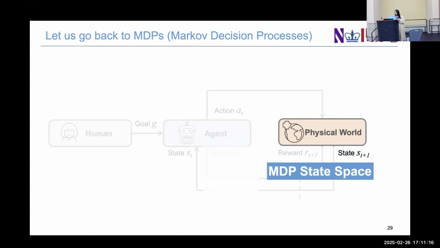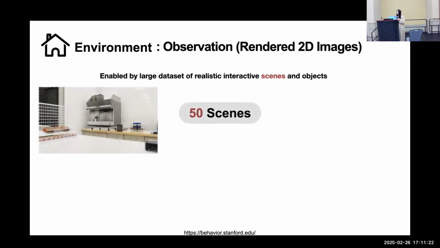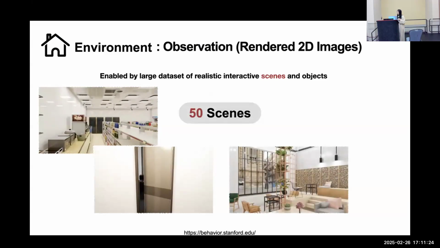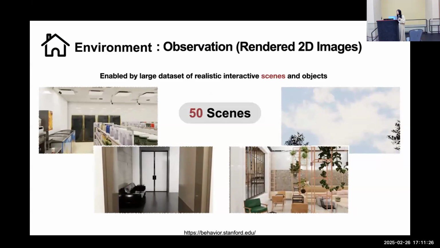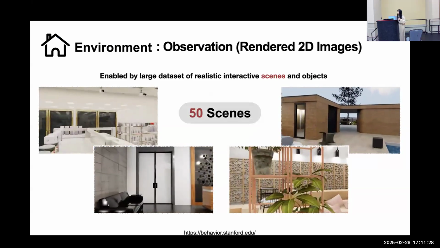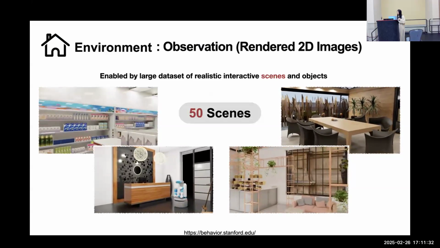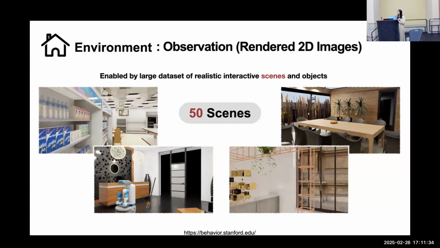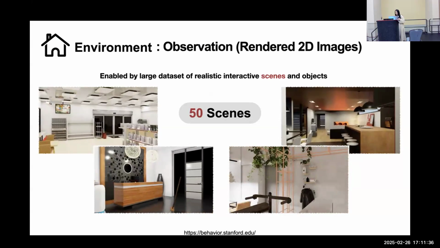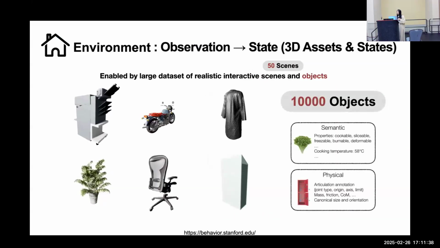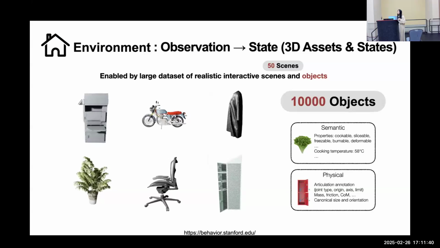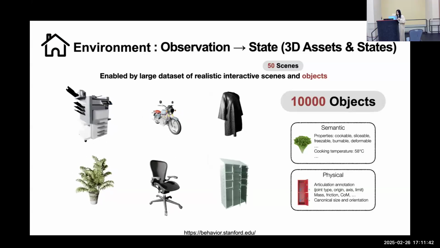Recognizing the state, as we mentioned, will be closely related to the observation from the environment. So let's first talk about the difference between observation and state. In an embodied environment, the observation is mainly rendered 2D images. For example, if we have a scene, as a human we can recognize the environment through images.